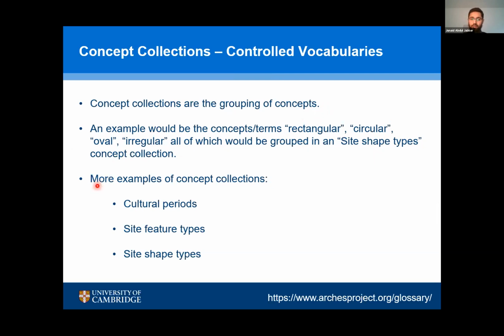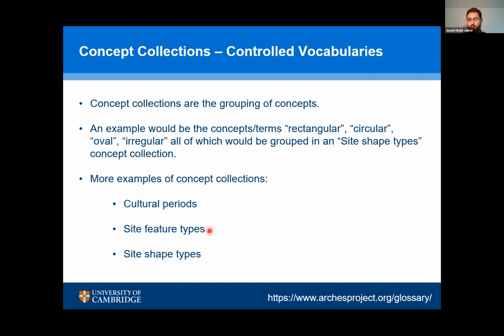There could be other examples of concept collections. For example, cultural periods can be a concept collection in their own right. It would include the concepts of maybe Iron Age, Bronze Age, or any other periods. Site feature types can be their own concept collection, which would be the grouping of feature types.